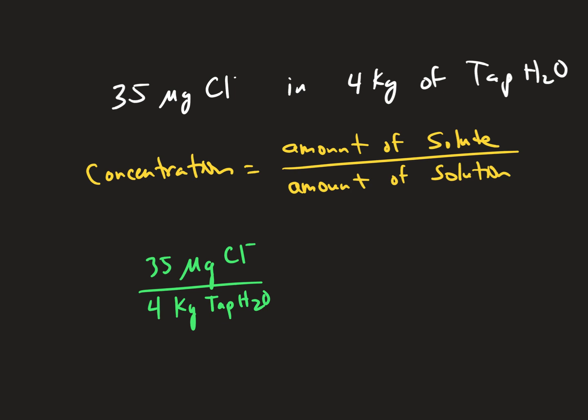What are the units of parts per million, parts per billion? It's just parts. No grams, no liters, no moles, it's just parts. It's parts per million or parts per billion.